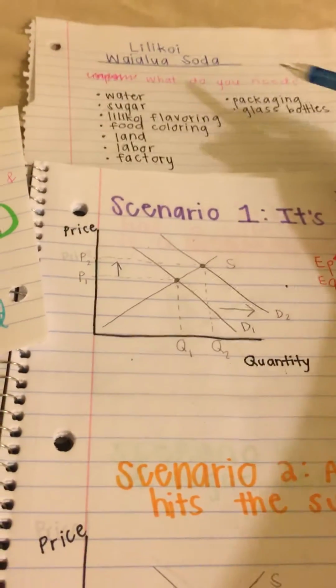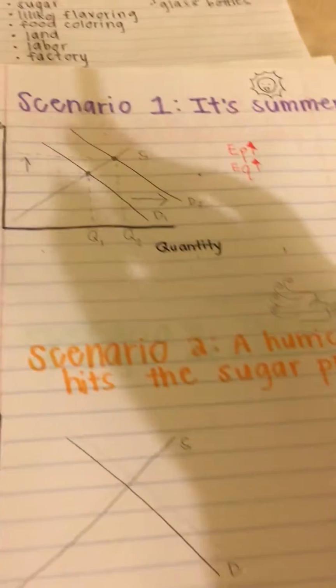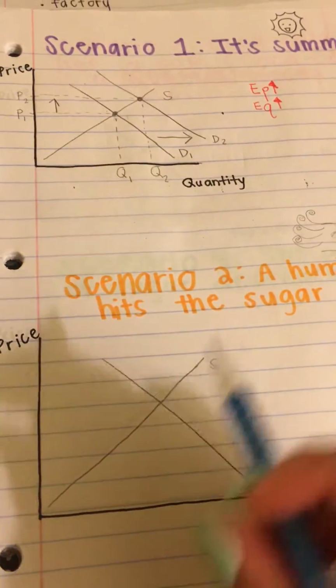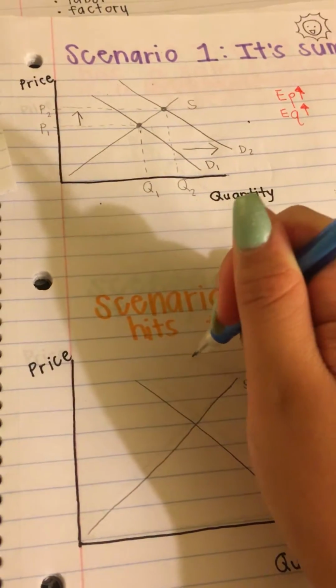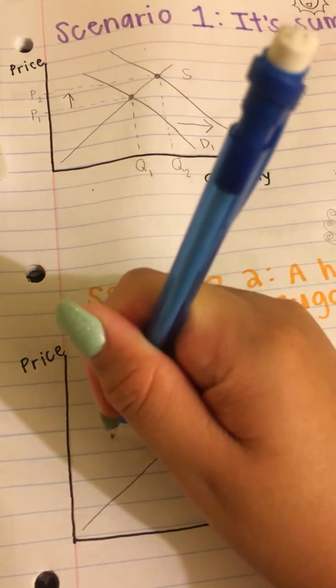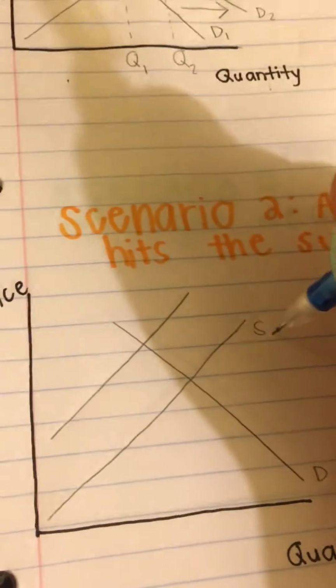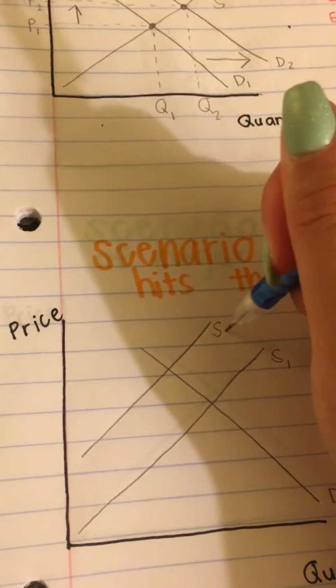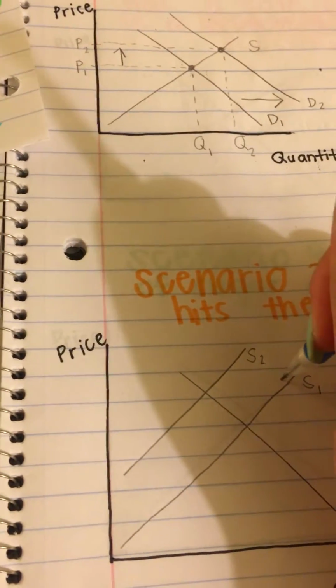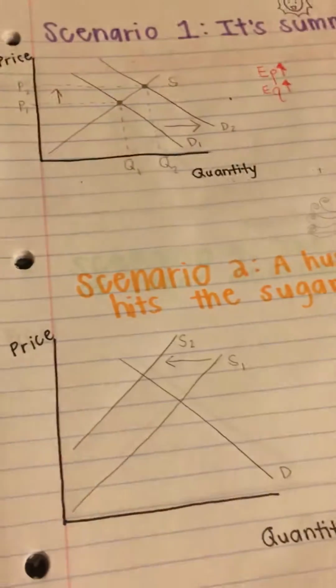So because one of the inputs is decreasing, it's going to cause the supply to decrease, which therefore will cause a shift to the left. So I'm drawing another supply curve. Now I can label this S1 and S2, and we'll draw a line going to the left.